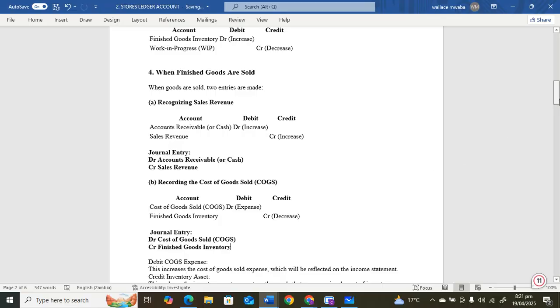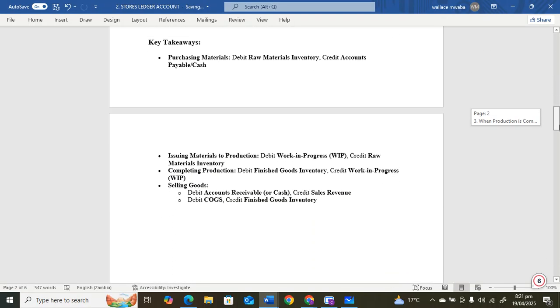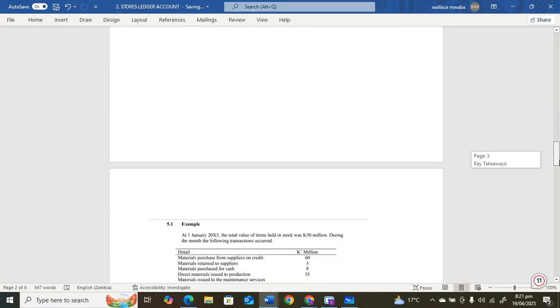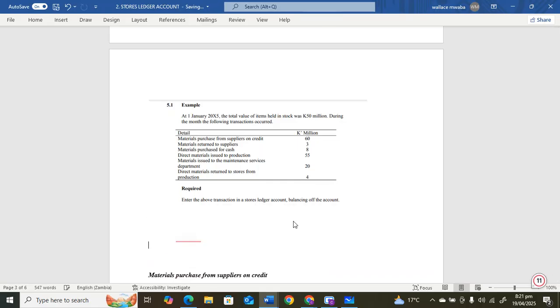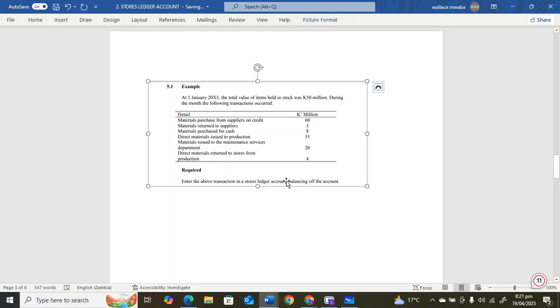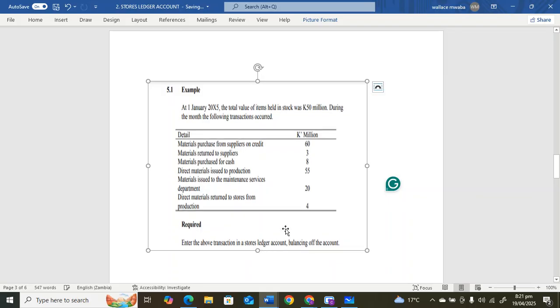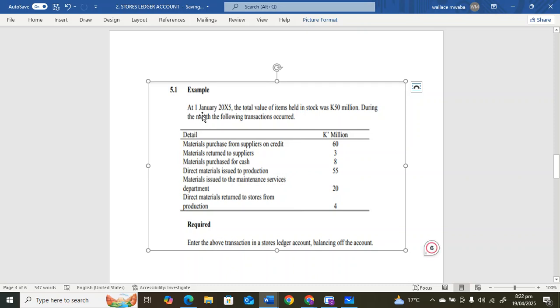Okay, we're going to look at an example and see our journal entries. So at 1st January 2015, the total value of items held in stock was 50 million. During the month end, the following transactions occurred.